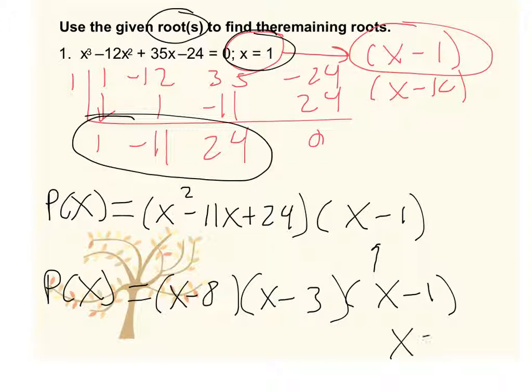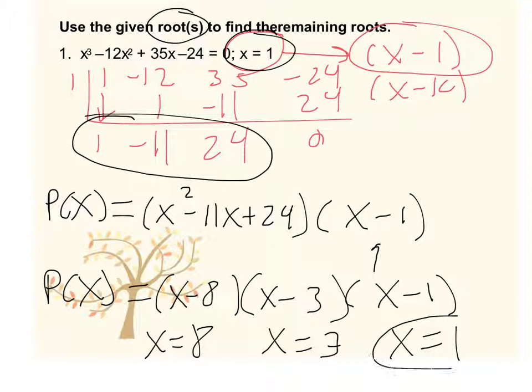Now, I'm finding the roots here. And again, this factor of x equals 1 led to a root of x equals 1. This right here means there is a root of x equals 3. That's one of the two that was missing. And there's one at x equals 8. So again, I used this 0 to divide out this factor and find these two remaining roots, 8 and 3.